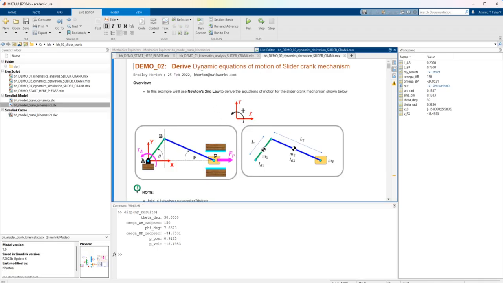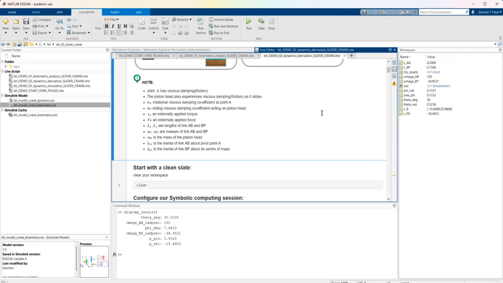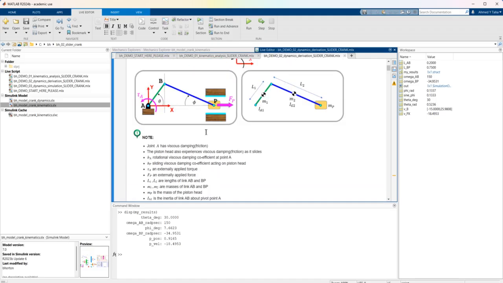In this one, we're going to have the dynamic equation of motion of the slider crank mechanism. In this example, I'm going to use Newton's second law to derive the equation of motion of the slider crank mechanism shown below. Joint A is going to have viscous damping.